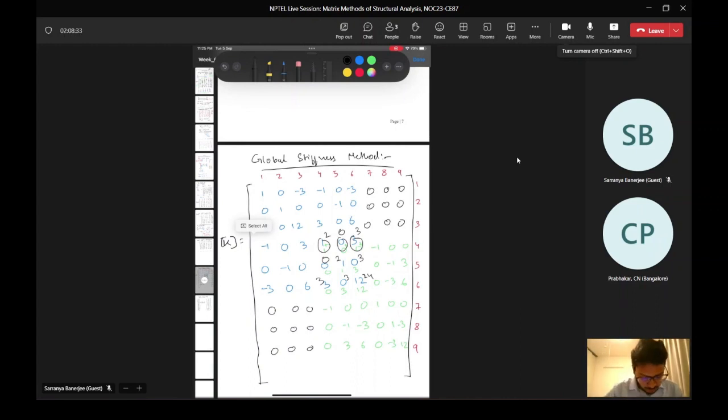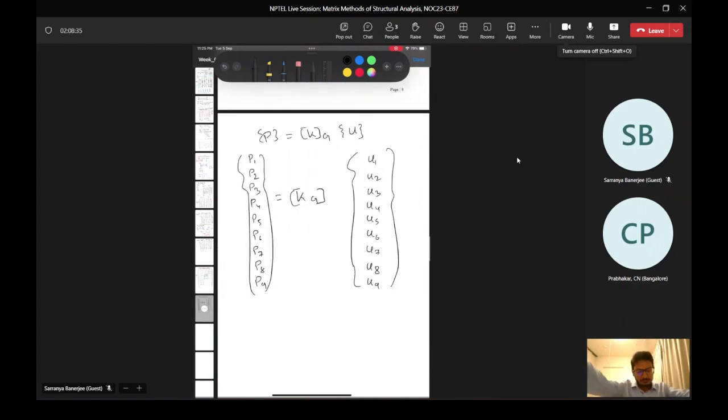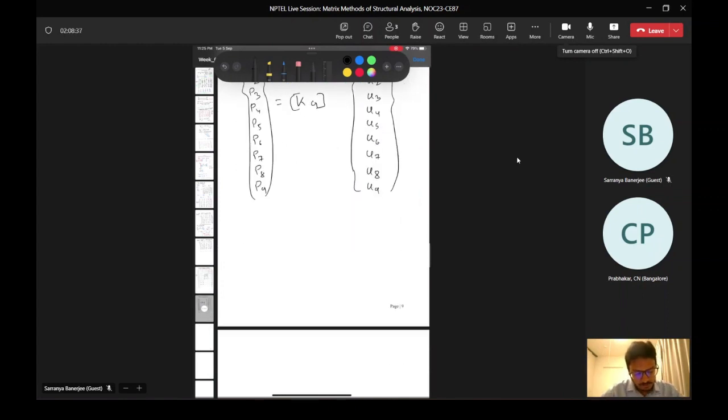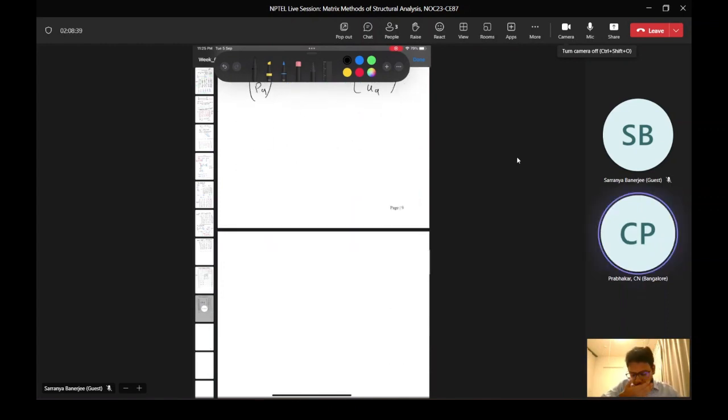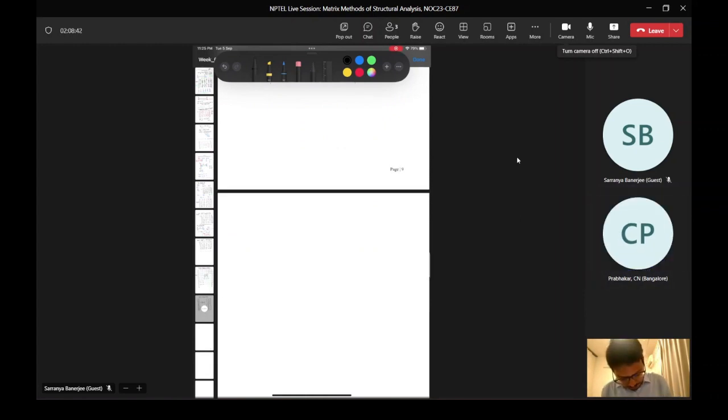So we just interchange those rows and columns, right? So let's do that. So big matrix, it is very difficult for me to write in this page.